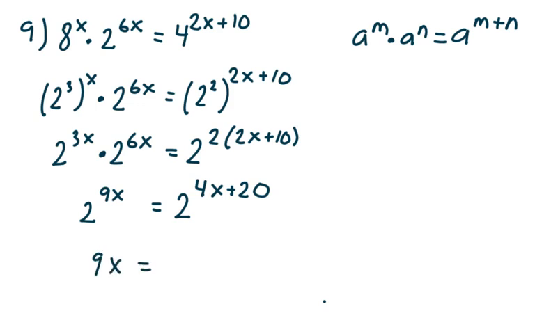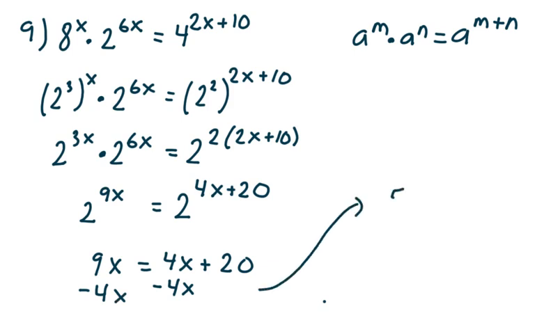So 9x equals 4x plus 20. Subtract 4x on both sides. And what we can say is 5x equals 20. Divide both sides by 5, and we can see that x equals 4. And that's how we do example 9.